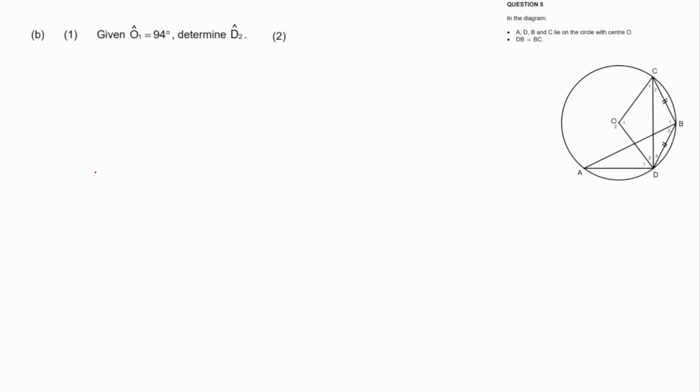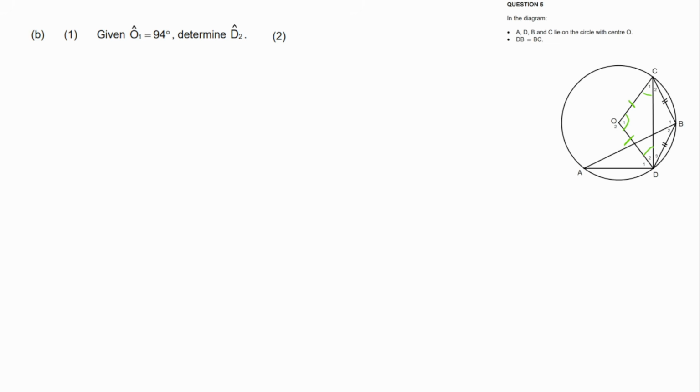Now for part B, it's given that O1 is 94 degrees, and we need to determine D2. So this is now 94 degrees, and we have to determine D2. Really important, don't forget that these are equal. We know this angle is 94 degrees, but we also know that this angle is equal to this angle.